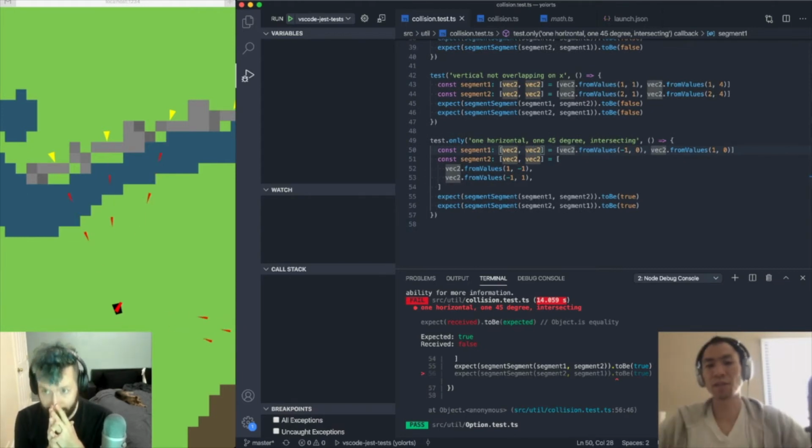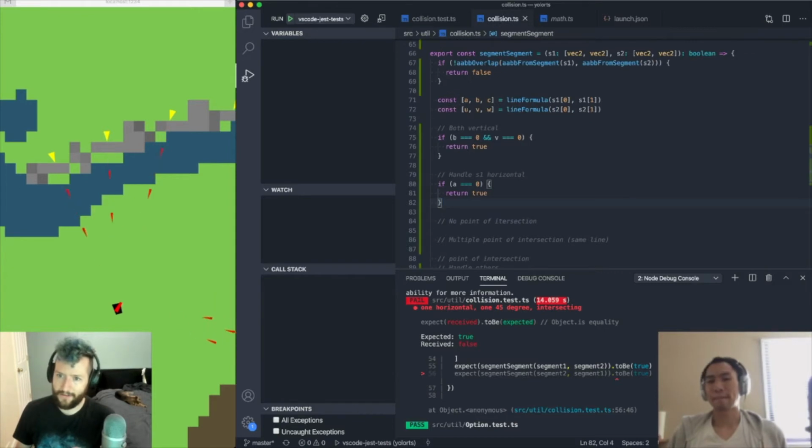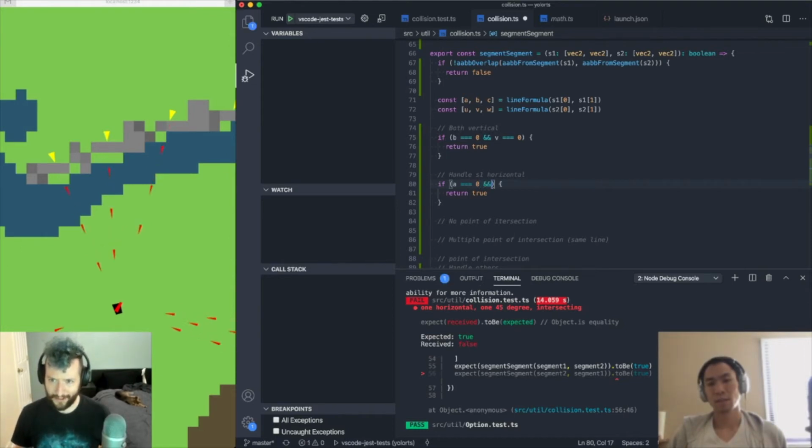This is good, and that's because we're checking just A. So we're saying if we're handling a single horizontal line, right? Actually, any horizontal line, because of the bounding box check. If A is 0 or U is 0, we can assume we've done the bounding box check. And if they're both 0 and the check passes, we also know it's true.